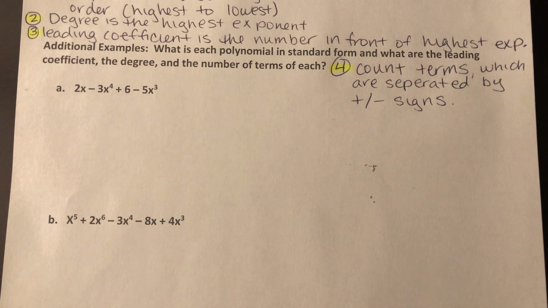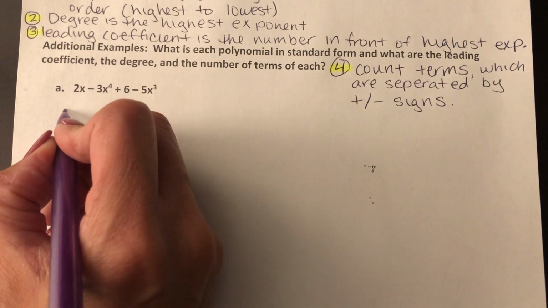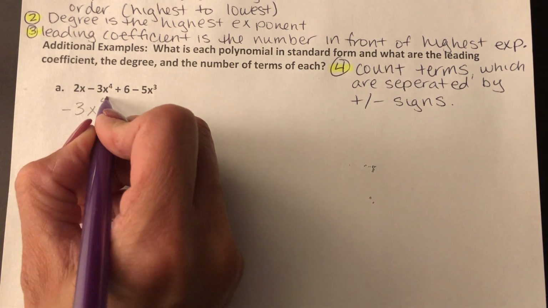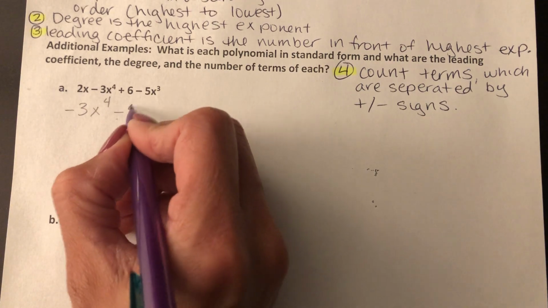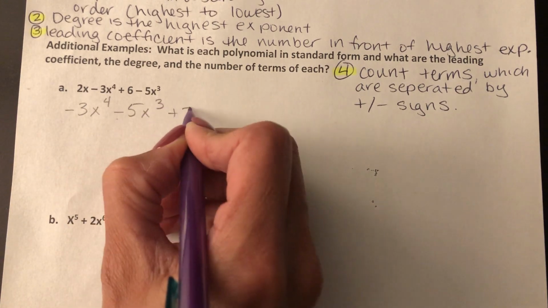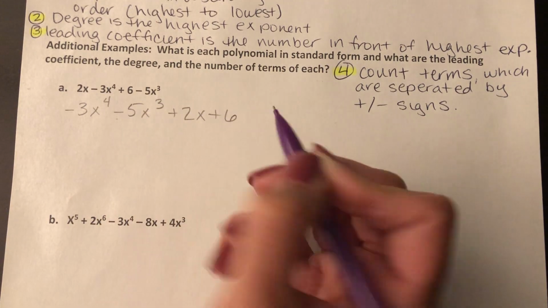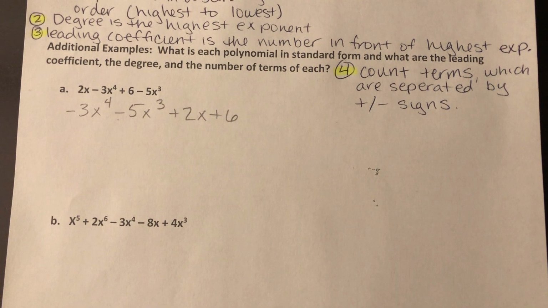All right, let's check and see how you did. So make sure you put it in standard form first. So combine any like terms and then put them in descending order, starting with the highest exponent. So it would look like that. And then you're ready to classify it.